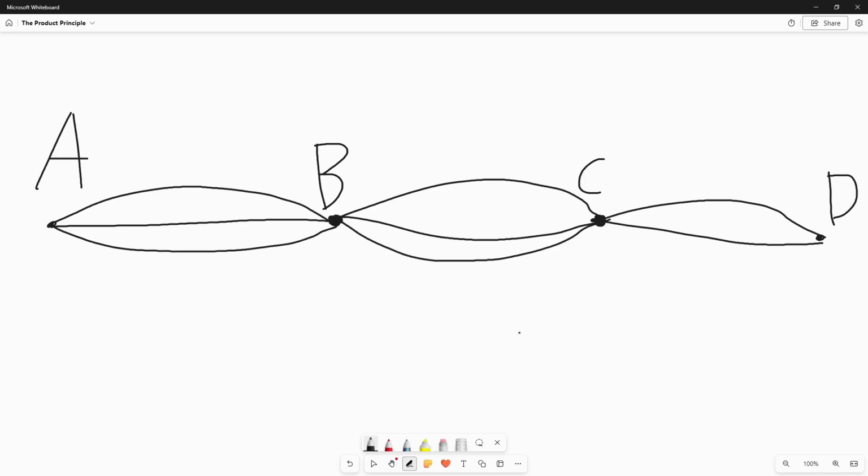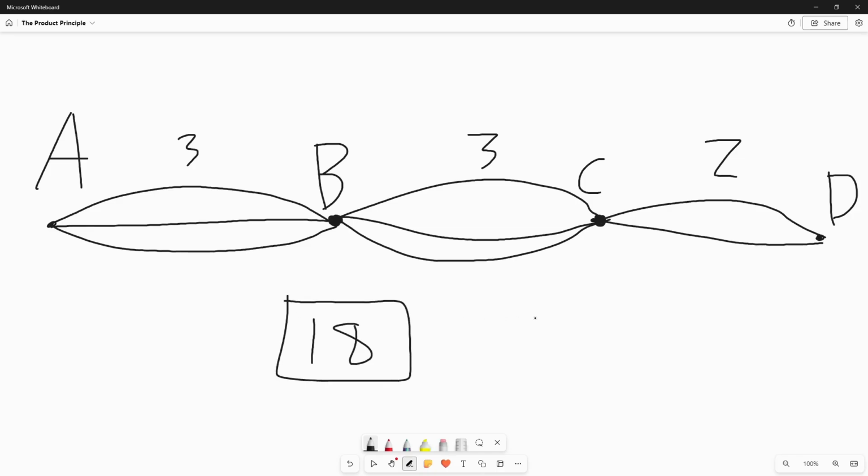So now we need to find the number of paths in between each letter. So there's 3 from A to B, 3 from B to C, and 2 from C to D. And as we stated, we just multiply all these together, so 3 times 3 times 2, and we get 18 total paths, which is our answer.